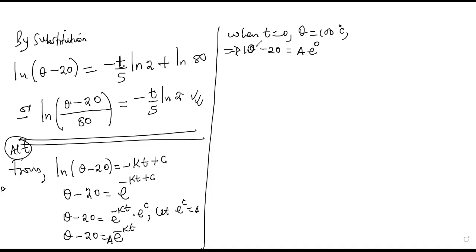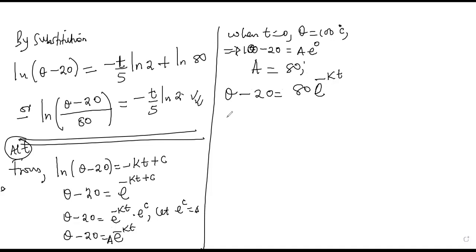So 100 minus 20, meaning that A, of course e power 0 is 1, so A is 80. So when you substitute here, theta minus 20 is equal to A, which is 80, e power negative kt.